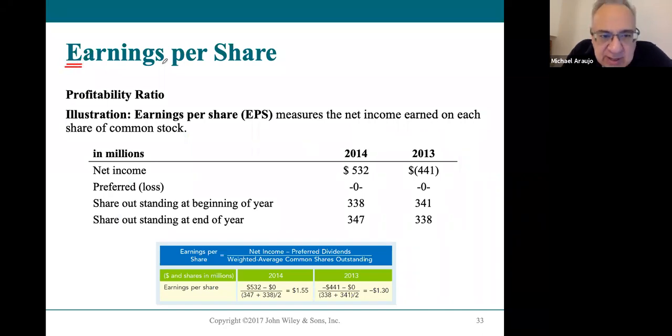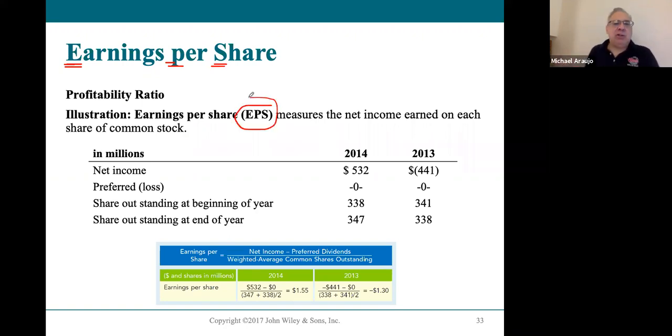Remember, the word earnings means the same as profit. Retained earnings, retained profit. So what's the amount of earnings, profit, per share of ownership, what we call EPS, earnings per share. It basically measures if the profit of the company was divided equally among all the shareholders. This is what each share of ownership would have earned as that profit.